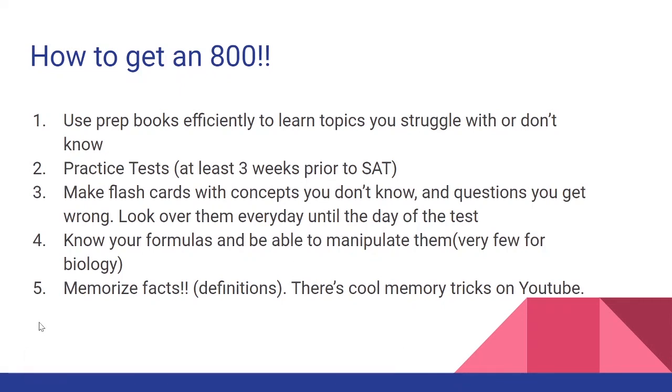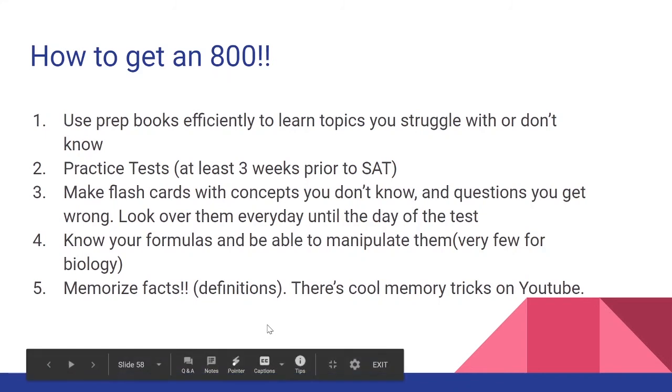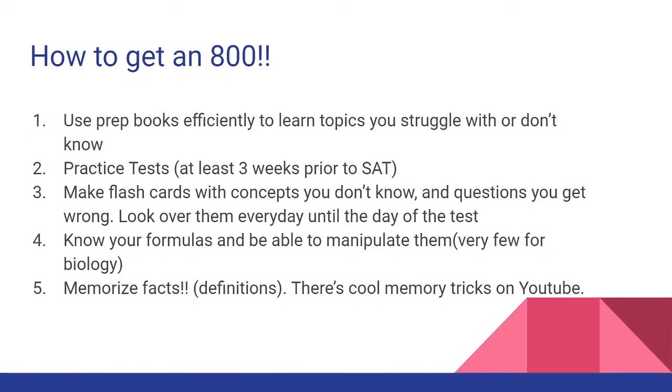And then lastly, memorize facts and definitions. Now I know there's cool memory tricks on YouTube for all of this type of stuff, but you do need to know things like cell structure, circulation throughout the heart, your ribosomes, your carbohydrates, proteins, and you just need to know those little properties about them, like the 1-to-1 ratio for carbohydrates, I believe, right?